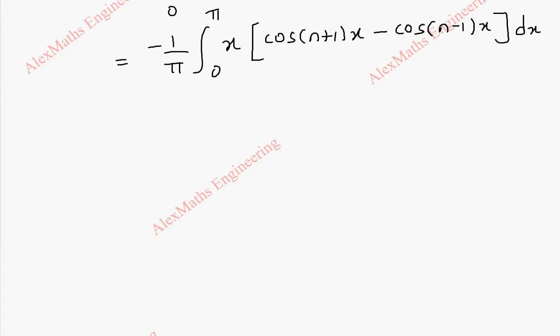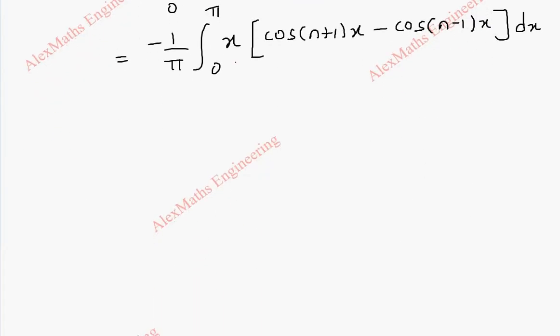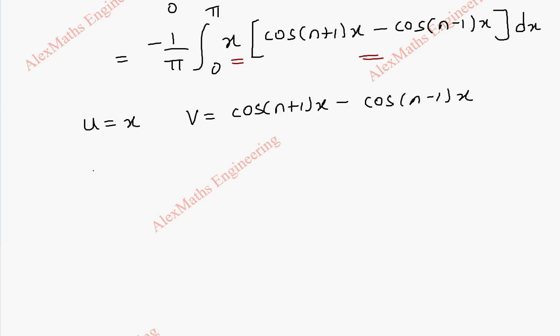Now we are going to use Bernoulli's formula. This is u and this is v. So u equal to x and v equal to cos of n plus 1 x minus cos of n minus 1 x. So u dash, its differentiation is 1, u double dash differentiation is 0.